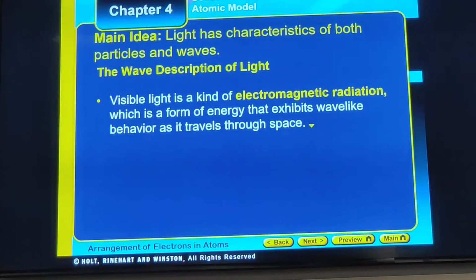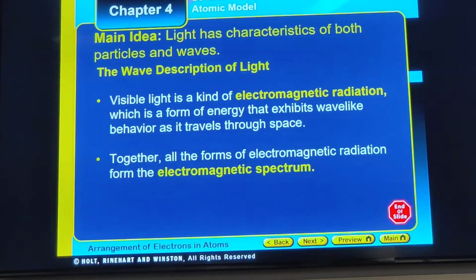And so that kind of fits with what we're seeing right here. All the different forms, like gamma rays, cosmic rays, X-rays, microwaves, ultraviolet waves, you name it, are all part of this electromagnetic radiation, part of the electromagnetic spectrum.